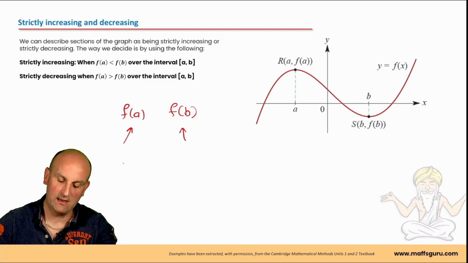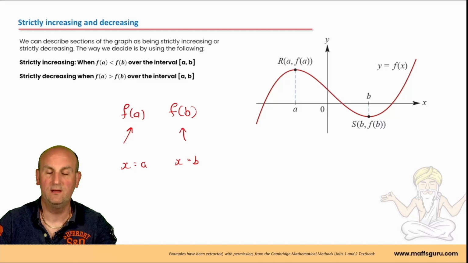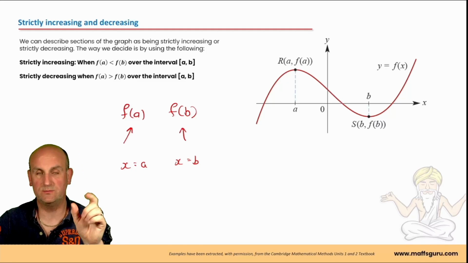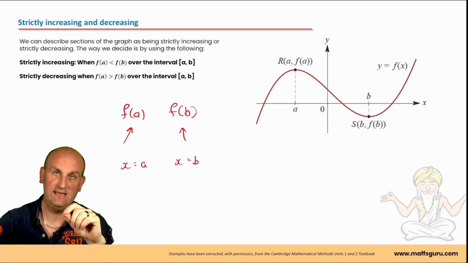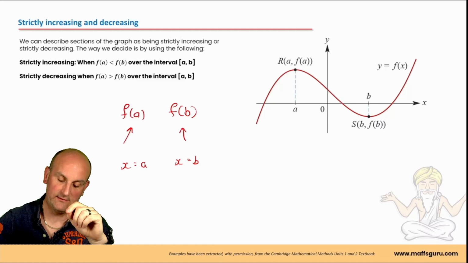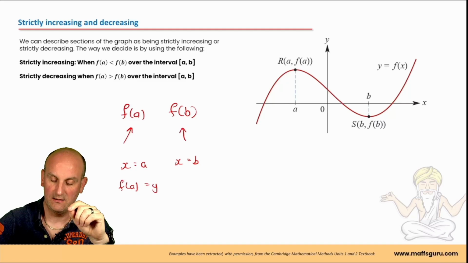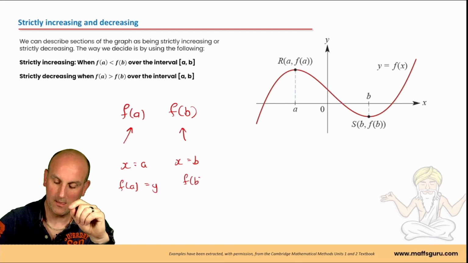I've got an x coordinate of a and an x coordinate of b, and ideally they're relatively close to each other, side by side. f of a is the y value at a, and f of b is the y value at b.